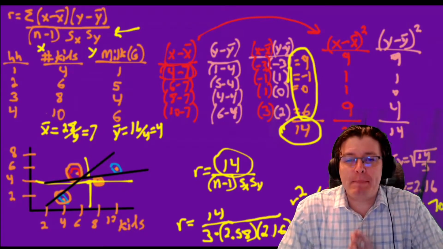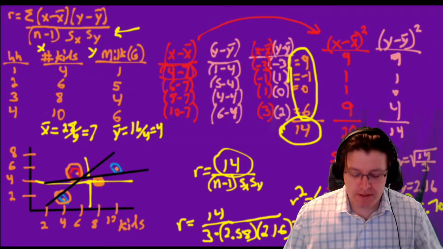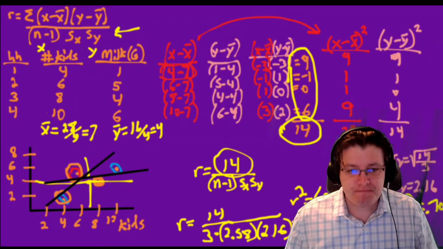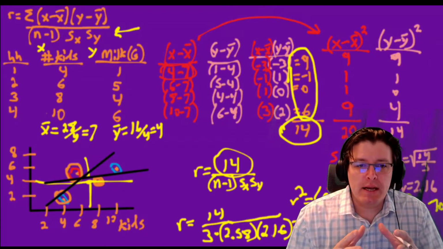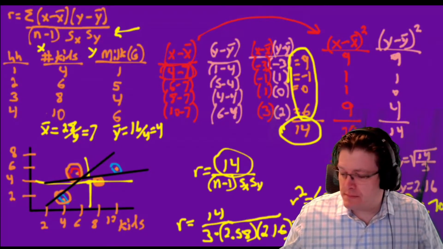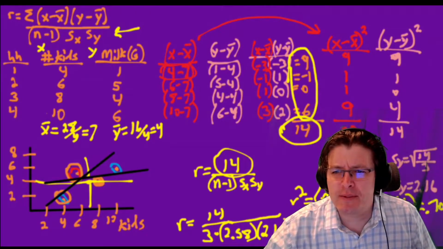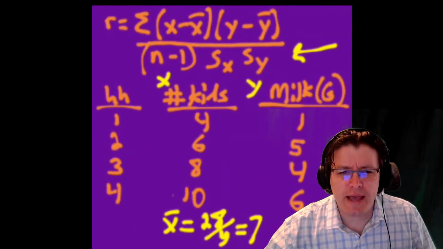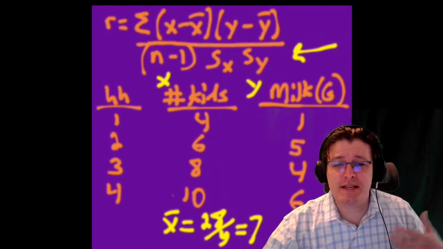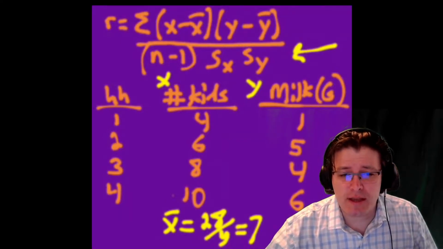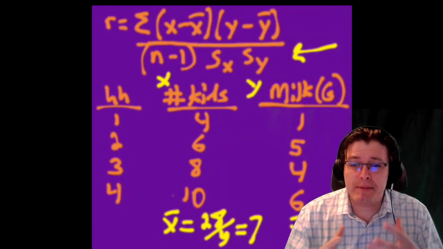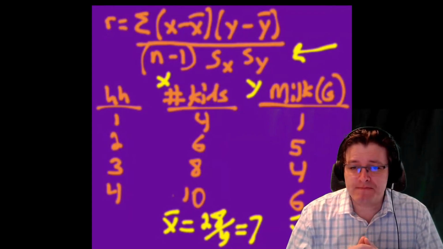But just to ramp us back up to speed, remember we talked about this example where we had data on just these 4 households. Okay, so we had 4 households that we knew the number of kids and the number of gallons of milk they drank per week, and we wanted to be able to describe the relationship between these two variables.